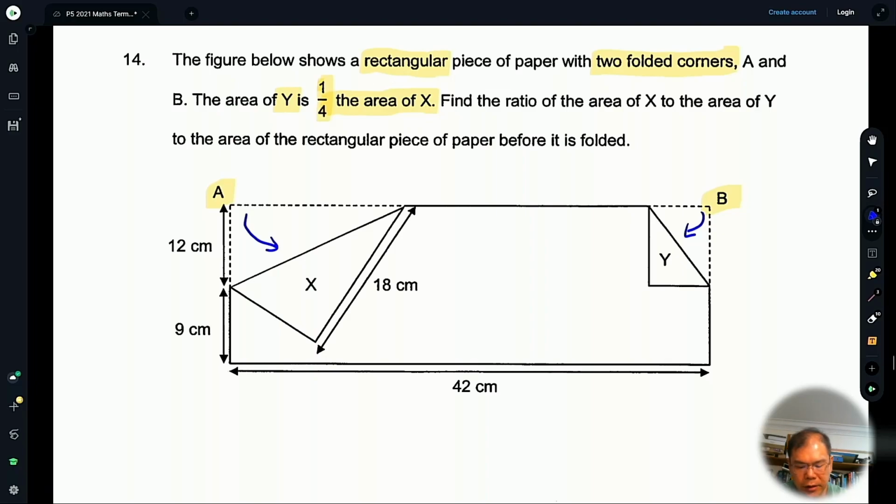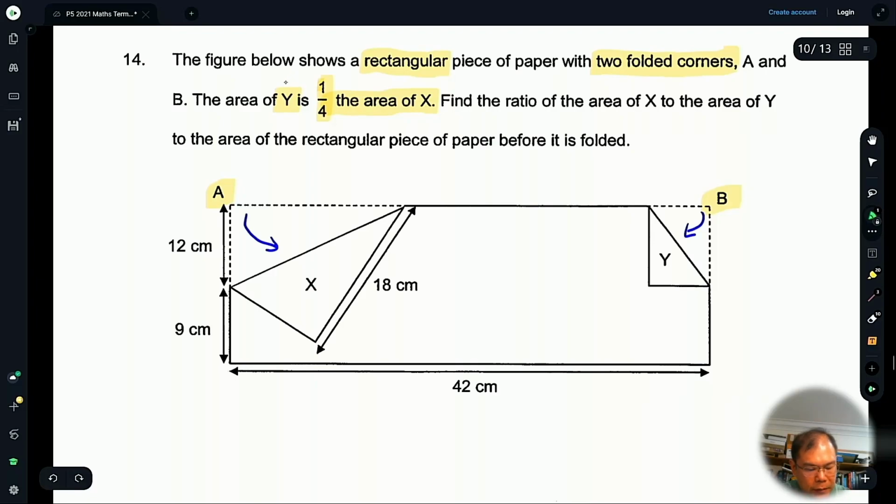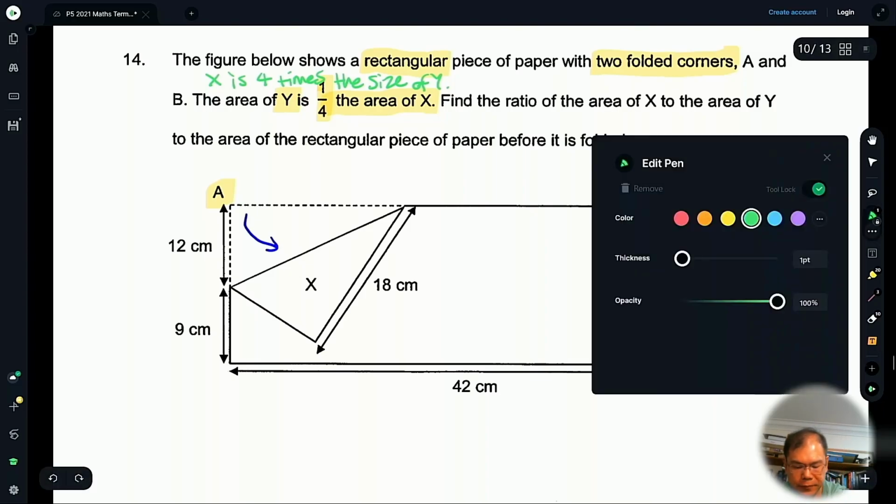So in other words, I can say X is 4 times the size of Y. Okay, so X is 4 times the size of Y. This is another way of interpreting it.